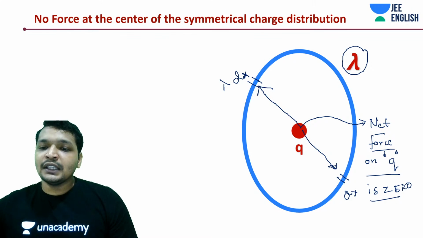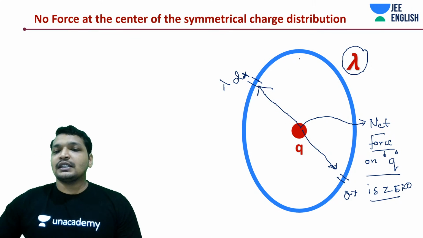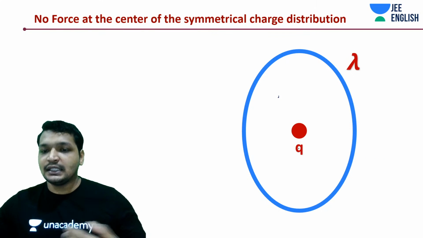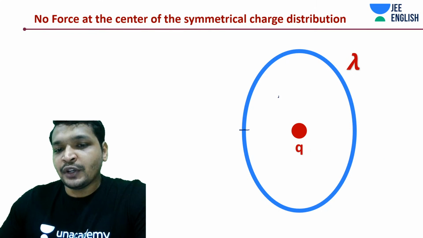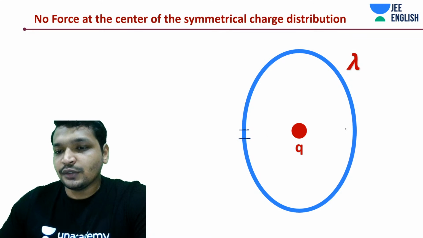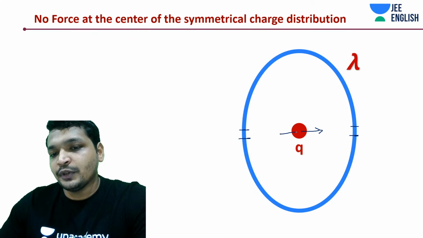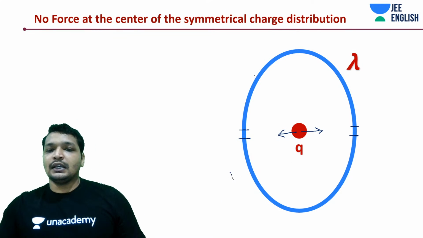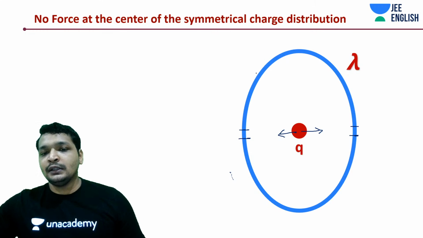At every such dx there would be another dx. This is very simple to understand. If there is a dx over here, there would be a dx over here. If this is going to pull it this side, this is going to pull it this side.